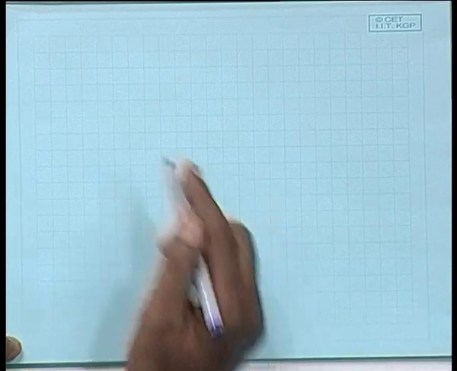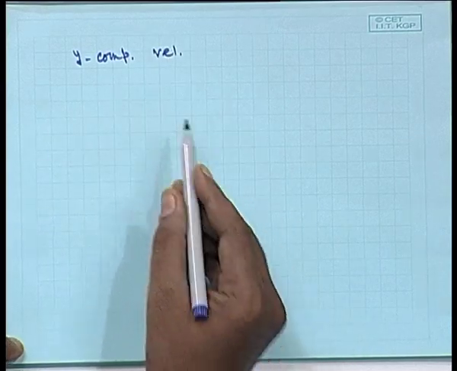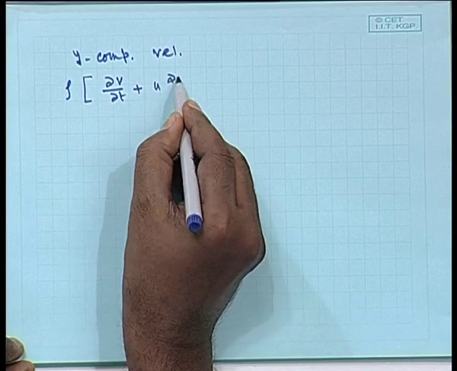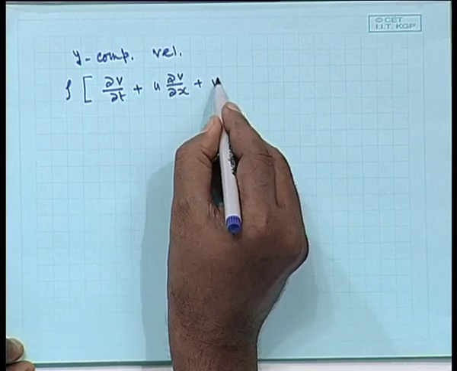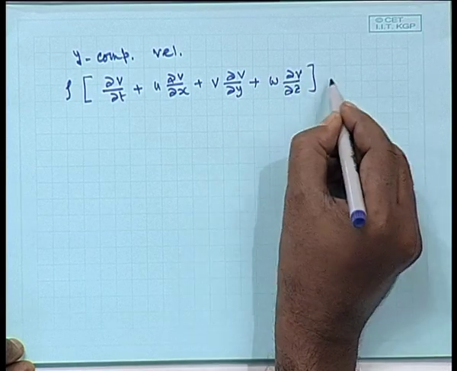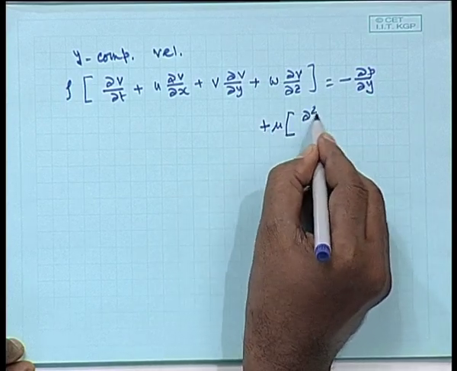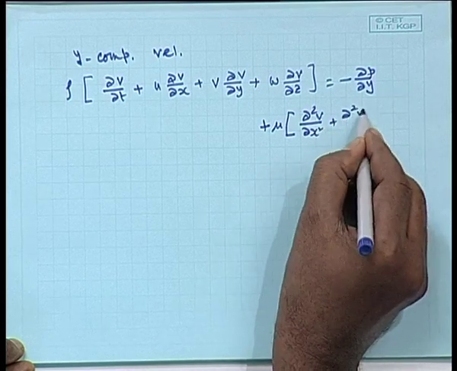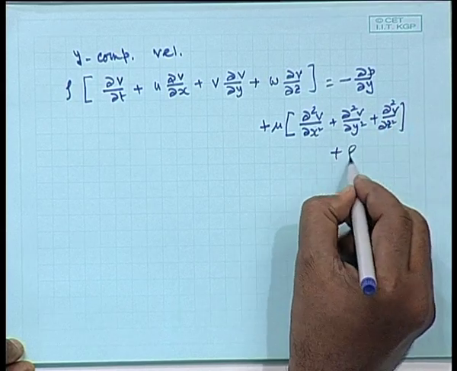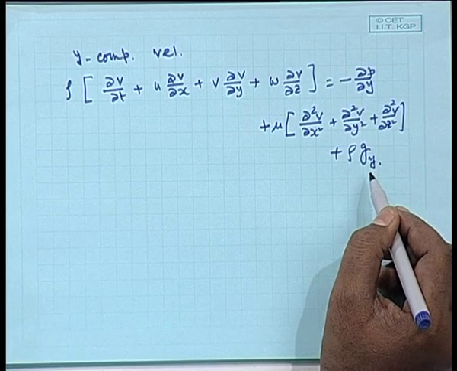Fine. Now, you write down the y component velocity equation. The y component will give you rho del v del t plus u del v del x plus v del v del y plus w del v del z, minus del p del y plus mu del square v del x square plus del square v del y square plus del square v del z square, plus rho g y, that is the y component of the gravity force.